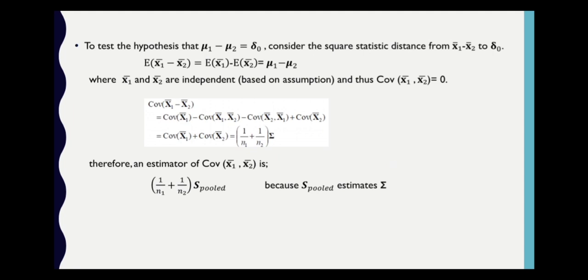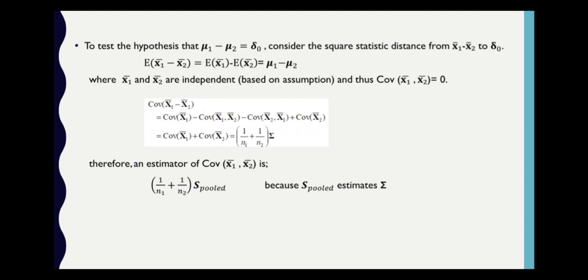Because of that, we can also say that x1 bar and x2 bar are independent, and because of that the covariance between these two mean vectors will be 0. So that is why the covariance here will be 0. So to get the covariance of x1 bar minus x2 bar, it will be the covariance of x1 bar plus the covariance of x2 bar.